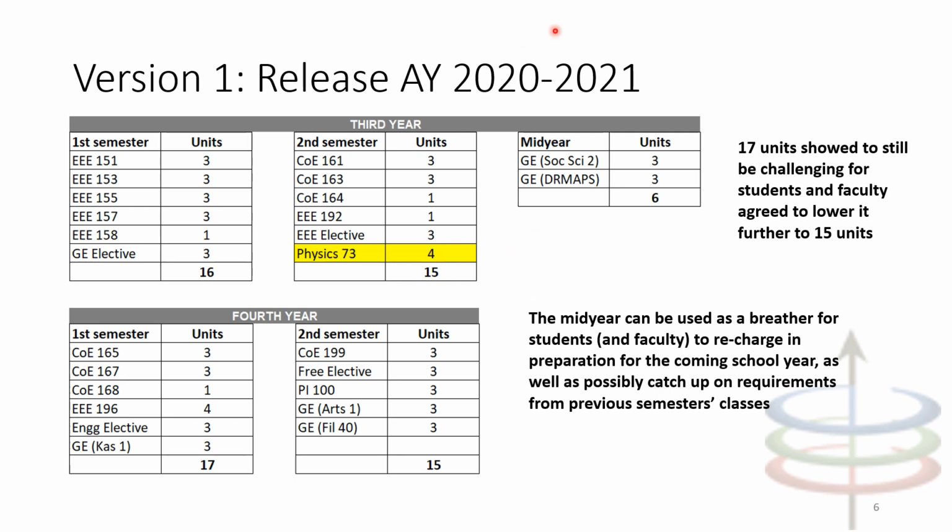And having gone through 2 consecutive semesters of full load, the students or even the faculty may want to have some break. And the mid-year is actually a good time for this before starting another school year. For those with backlog requirements or incompletes, the mid-year can also be used to catch up on these requirements.